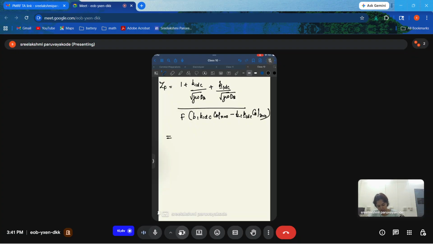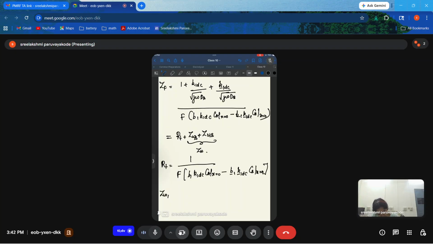So here the total impedance would be the sum of charge transfer resistance plus the Warburg of the reactant plus product, which we will call the total Warburg impedance. So the constant, which is not dependent on the frequency, I can say is the charge transfer resistance, and in this case, RT becomes 1 by F into B1 K1 DC CA at x equal to 0 minus B minus 1 K minus 1 DC CB at x equal to 0.